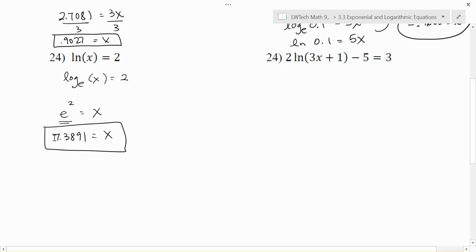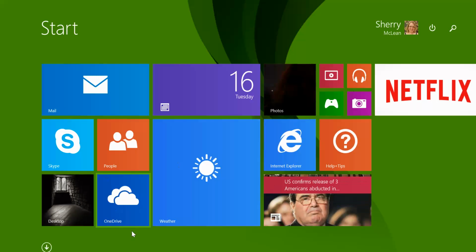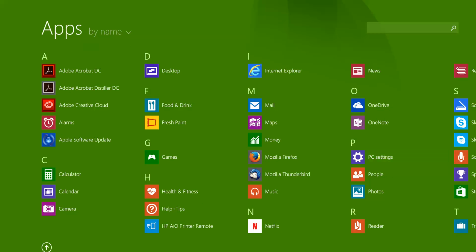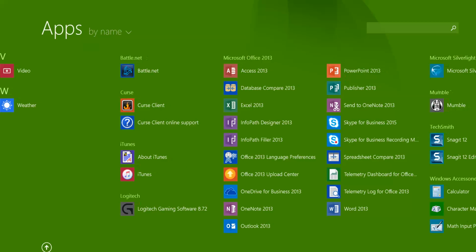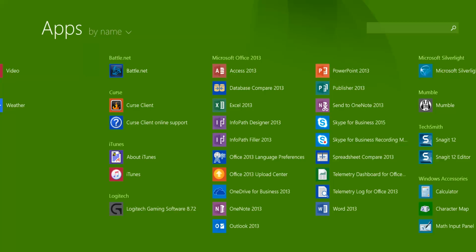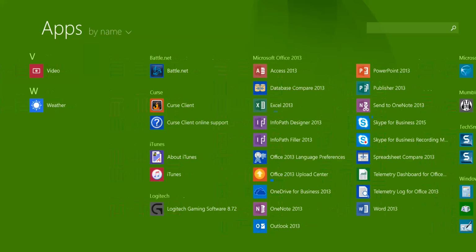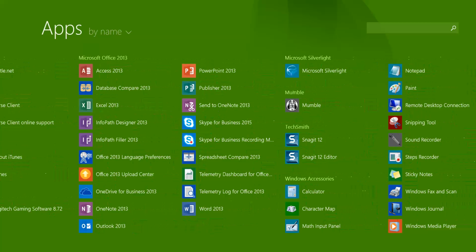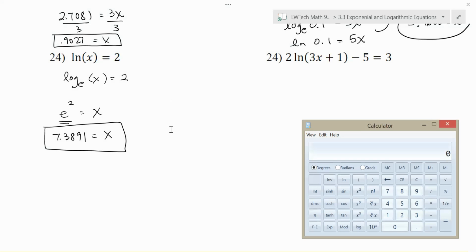You can still, for other calculators, let's see if I can pull that up here real quick. Should have had this up already. Calculator. Where'd you go? There it is. Okay, so here, notice that the ln button's up here.